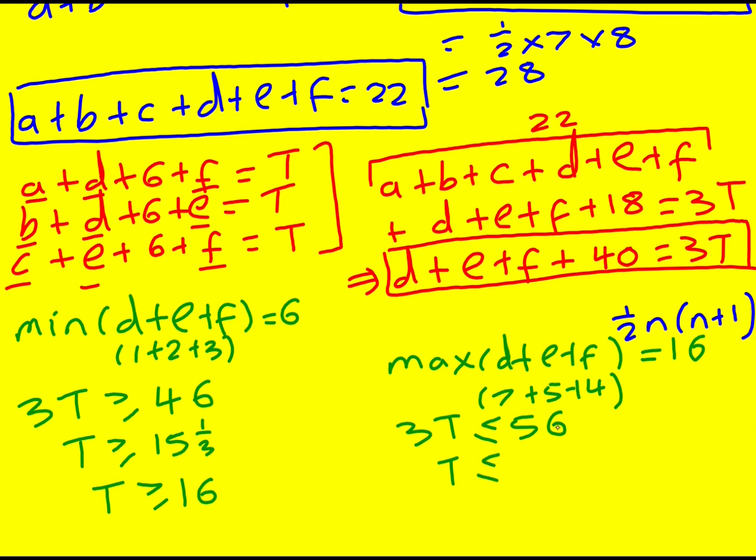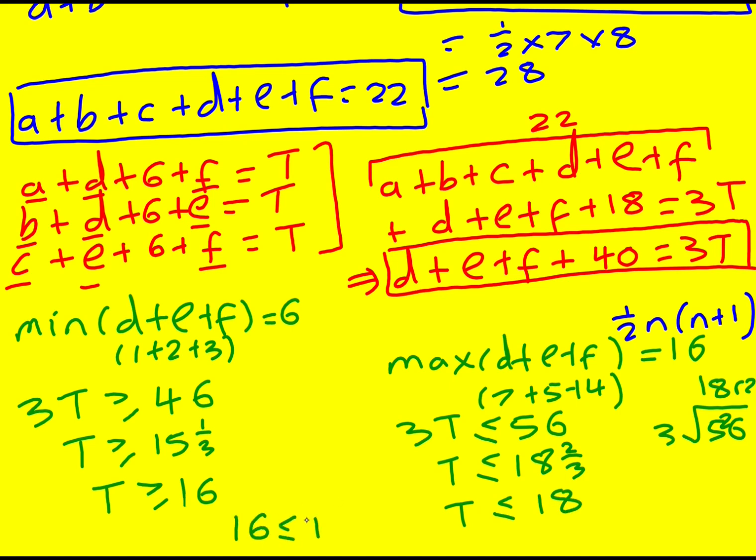So t is less than or equal to 56 divided by 3. 3 goes into 56 18 times remainder 2, so 18 and 2/3, therefore t is less than or equal to 18, which means overall there are only going to be 3 possible values for t: 16, 17, or 18.